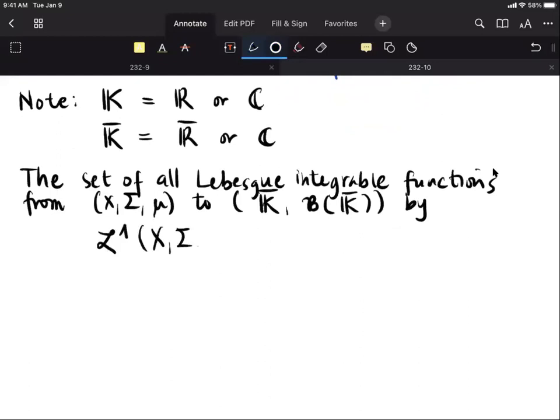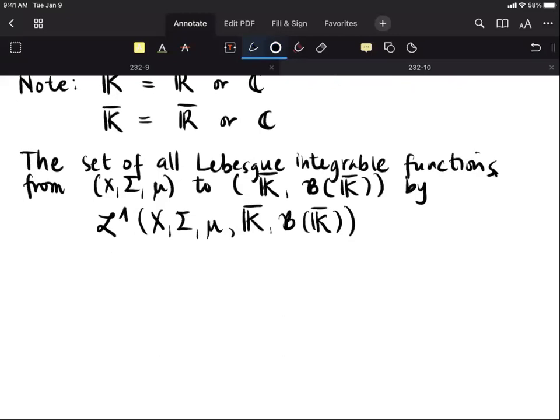Since this is a bit cumbersome, we simply denote it by L1(X, μ) if the sigma algebra is clear and the range of values is clear in the context.